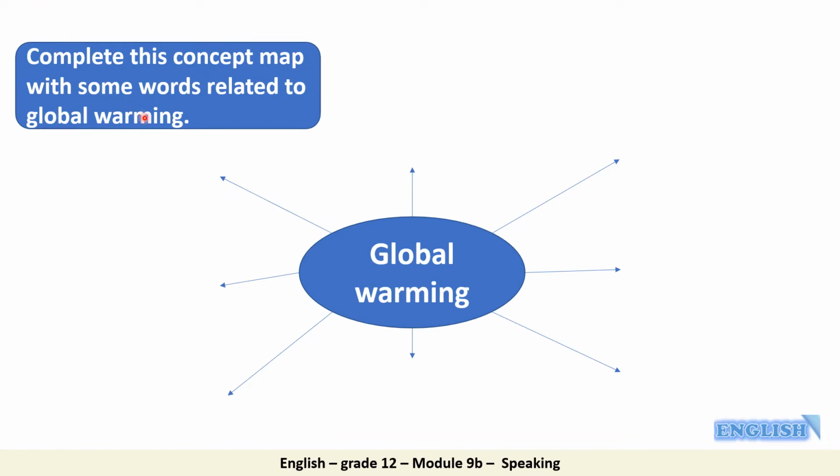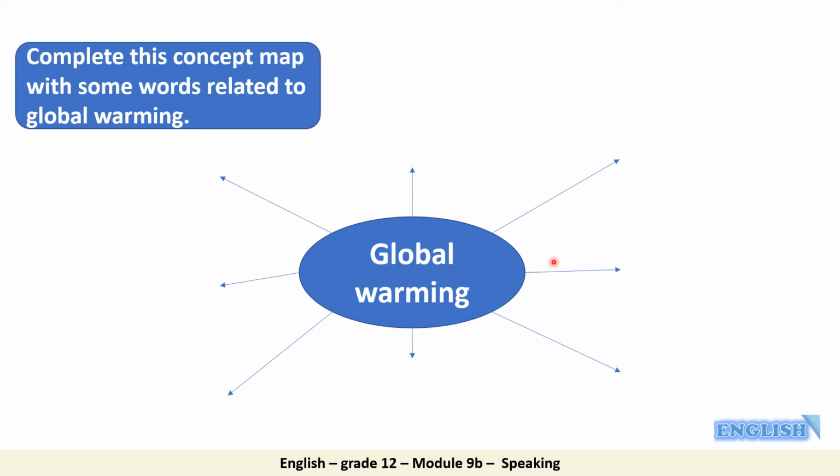Okay, let's have a look at this concept map and try to complete it with some words related to global warming. When I say global warming, what can you say about it? Try to pause the video for some time to think about it, and then we continue together.